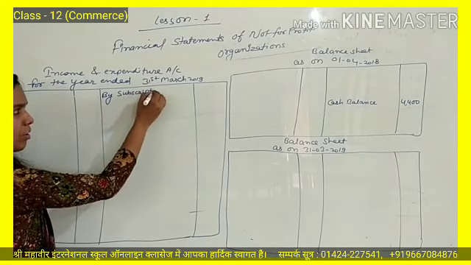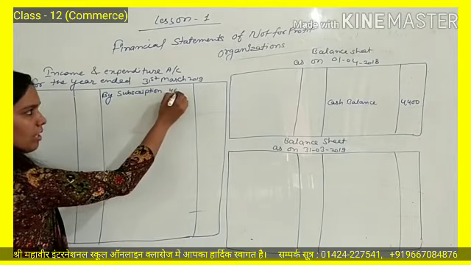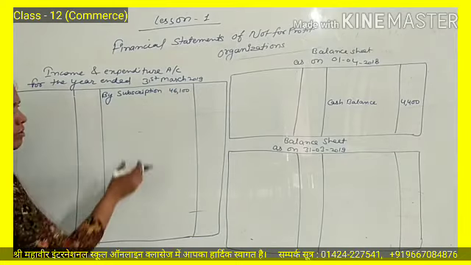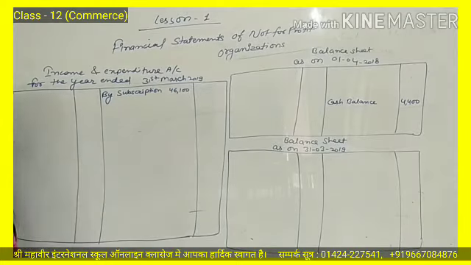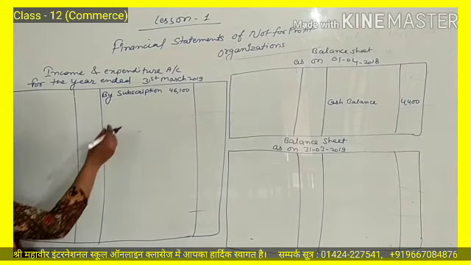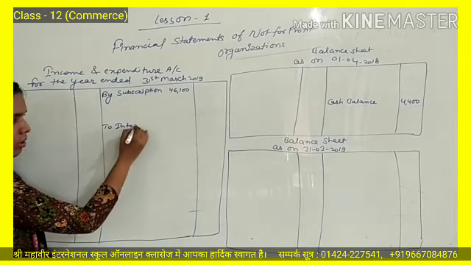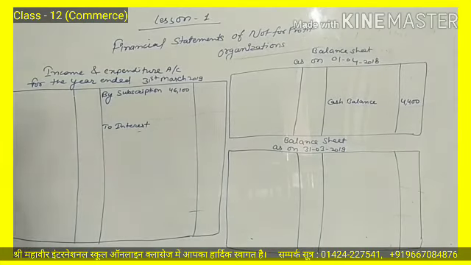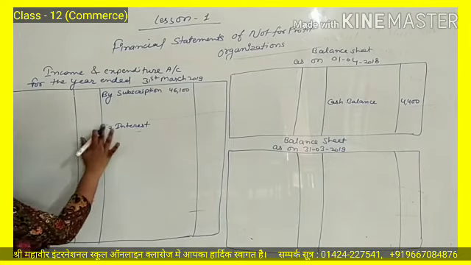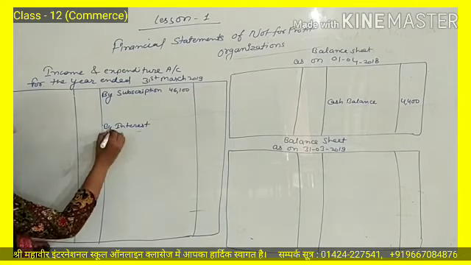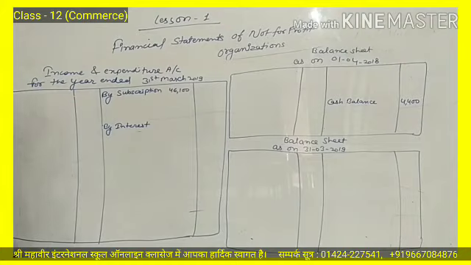By subscription, you can write the amount here in the inner column, because we have to treat additional information also. To interest 2,500, just leave space and then write down to interest. Sorry, this is by side. By interest 2,500.